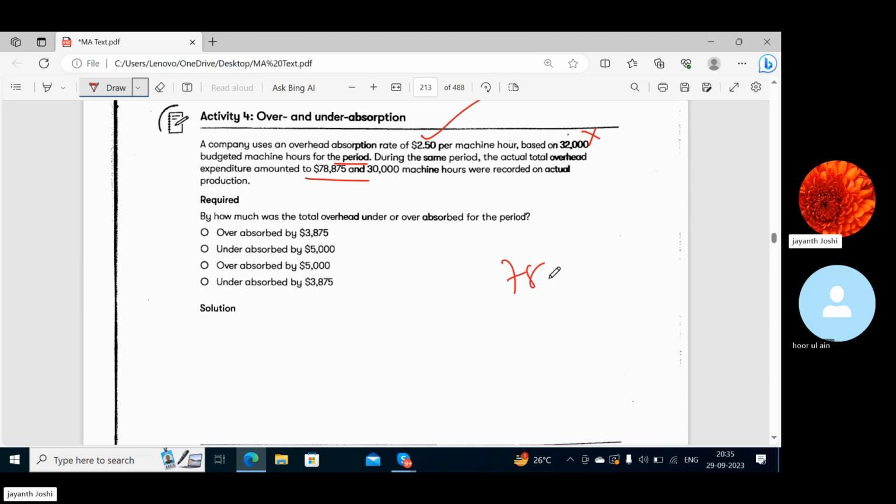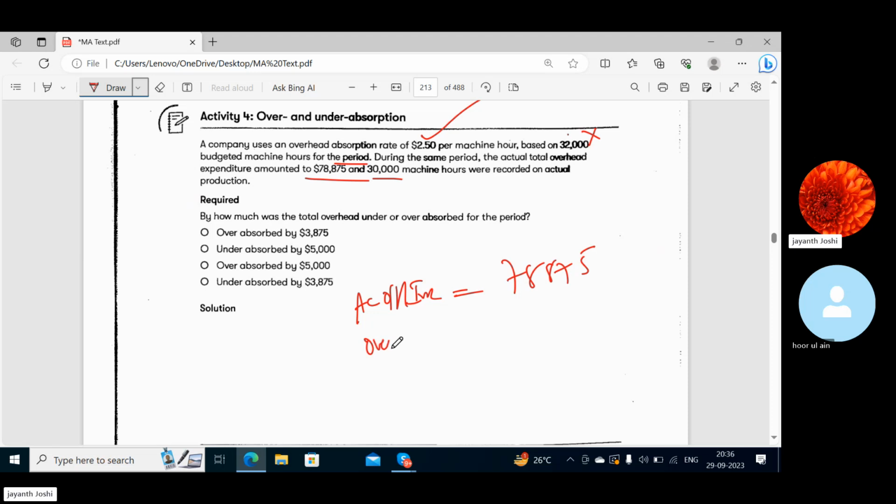78,875 actual overhead incurred. We have to take the absorbed overheads, right? So how many hours has the machine worked? 30,000, right?